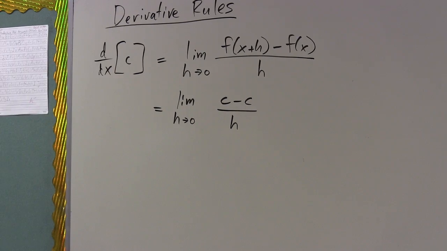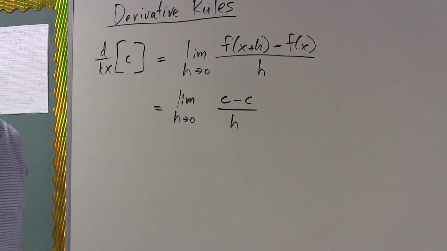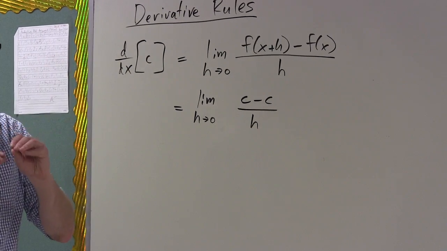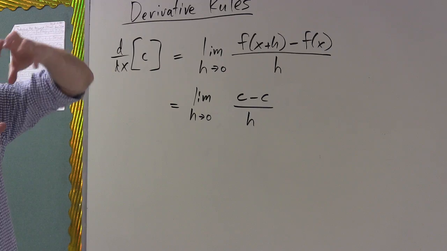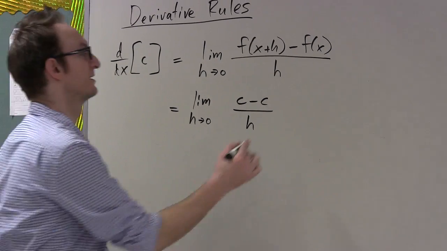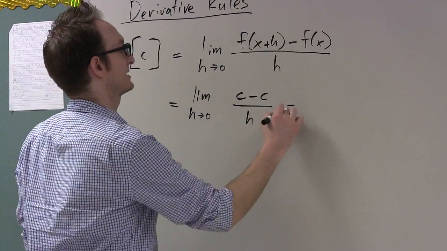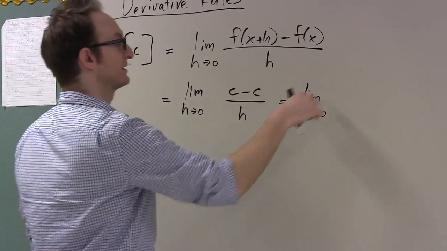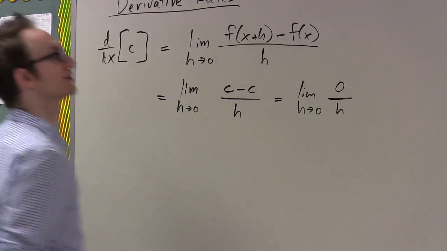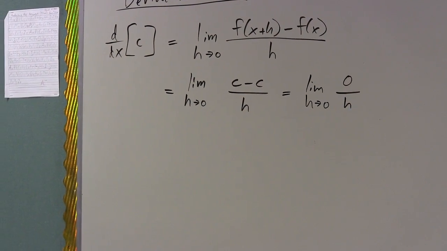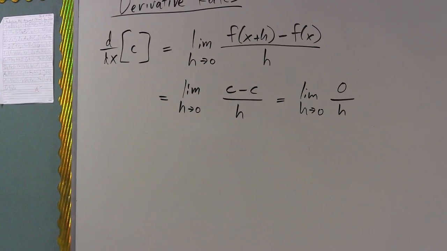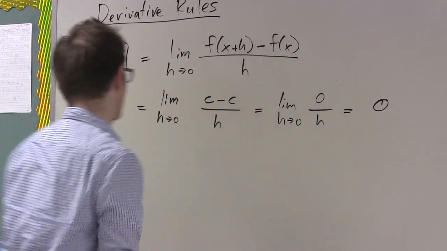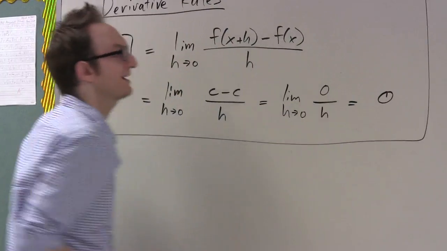It's not a 0 over 0 situation, because a 0 over 0 situation is when the numerator and denominator are both very small, close to 0. But this is actual 0 over h. It's an actual 0 over an almost 0, and therefore, what is this limit? 0. Okay, so that's how we proved a little fact.